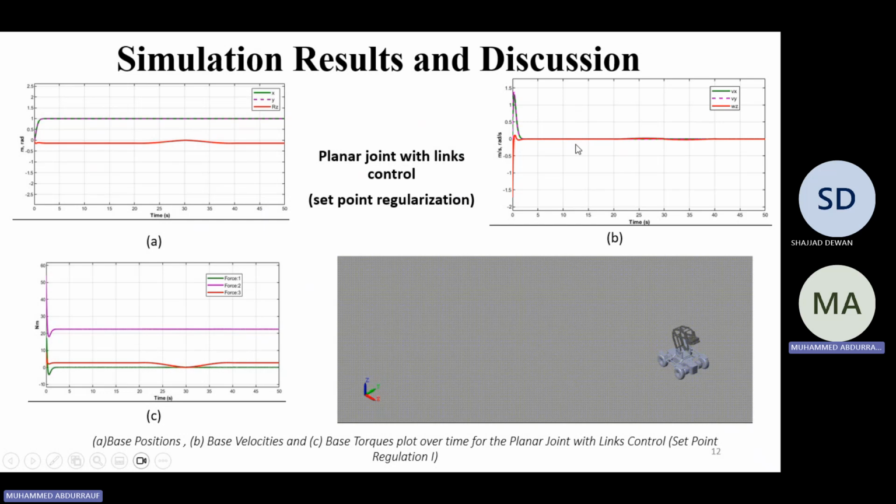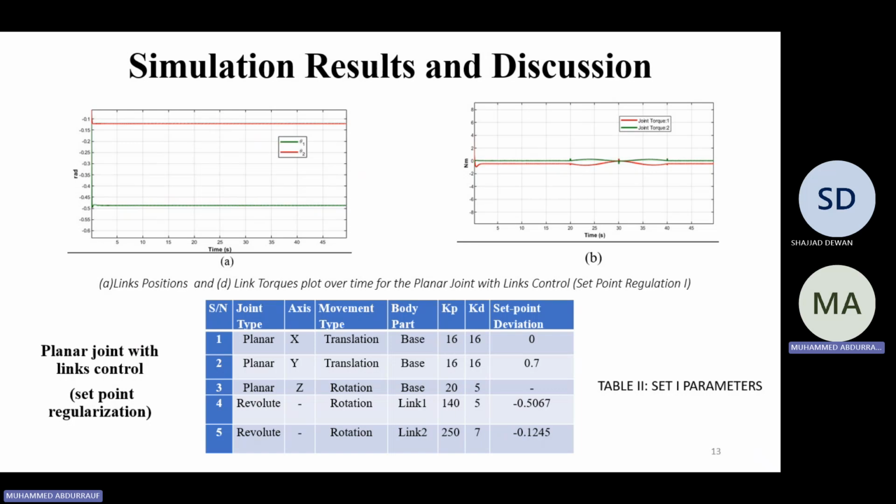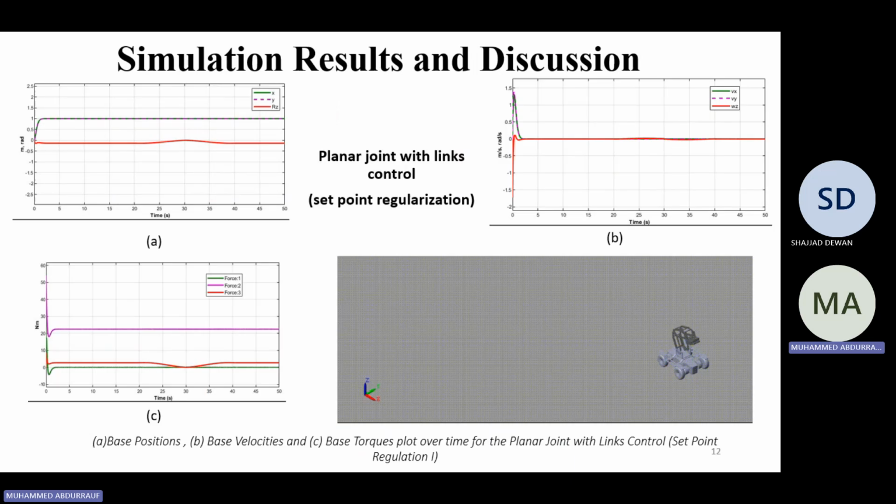Now, of course, this is using a specific set of Kp and Kd values for the controller. So these are the values that we used here. We can see that the ratio of Kp to Kd is 1. So that's why we're having no overshoot, and we are not having something that is overdamped. So it's not underdamped and it's not overdamped, right?